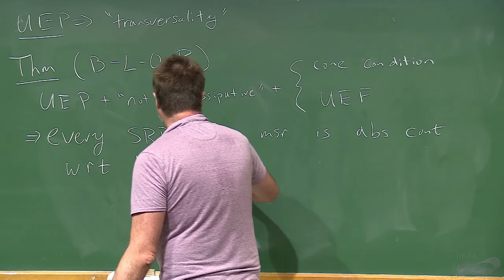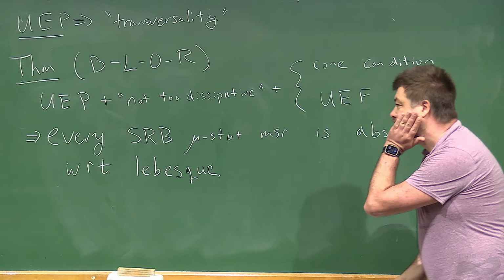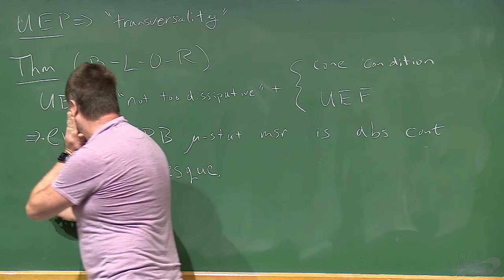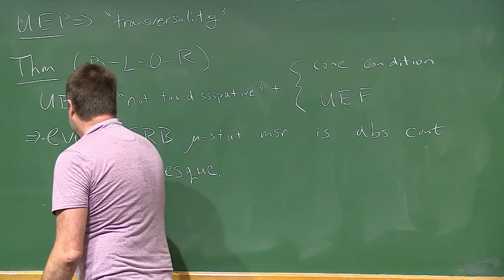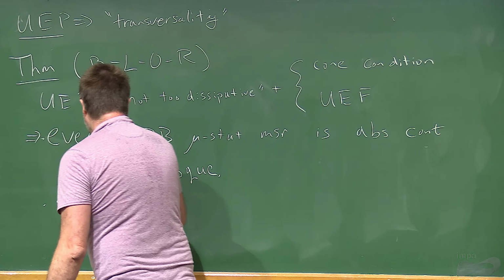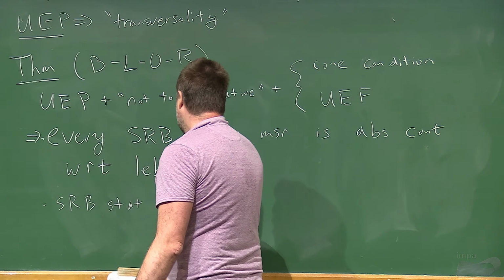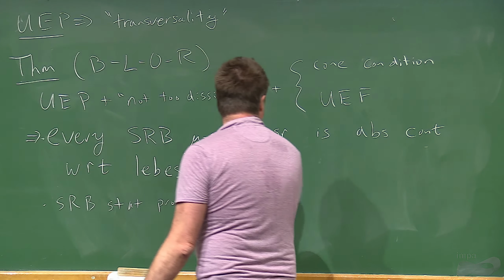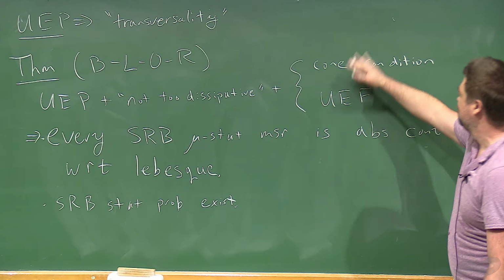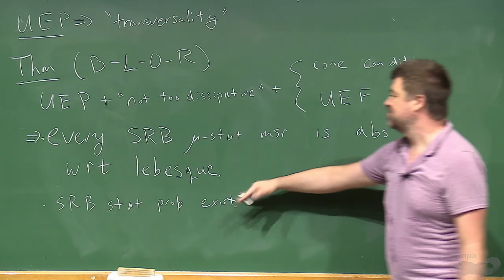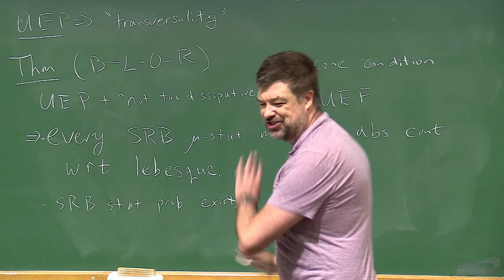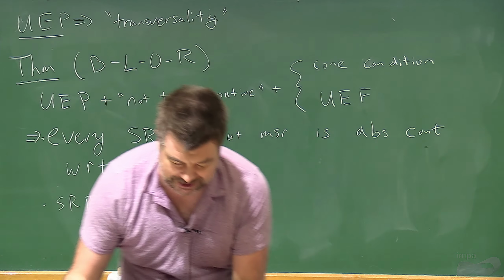And also sort of in the proof, we also show that the SRB stationary probability measures exist, which if you don't have the uniform expansion in the future, you just have the cone condition, it's not clear that they exist, but we show that they exist as well. Maybe they follow from the cone condition, I don't know, but we prove that they exist as well.